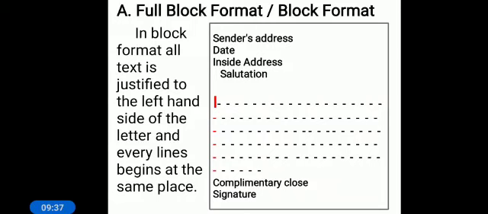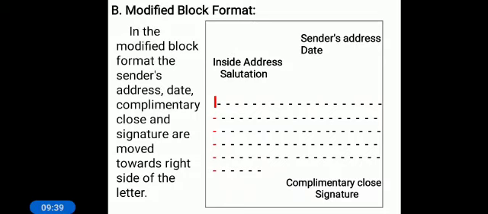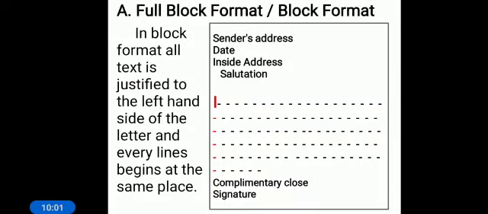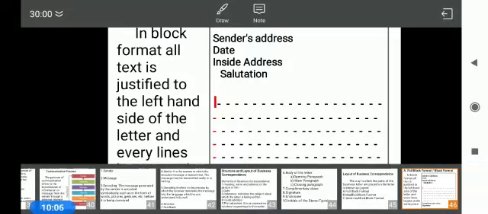Okay, under modified block format, the sender's address, date, complimentary close, and signature are moved towards the right hand side of the letter. Okay, again every line begins at the same place.